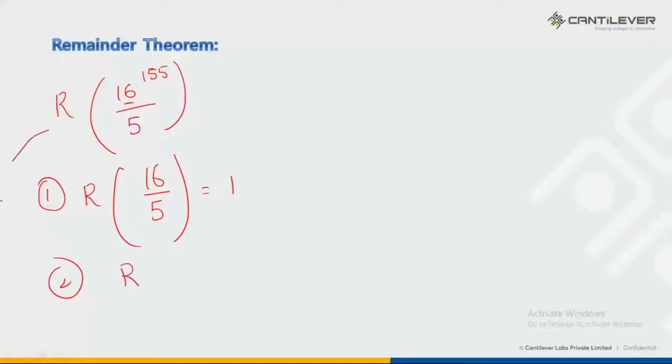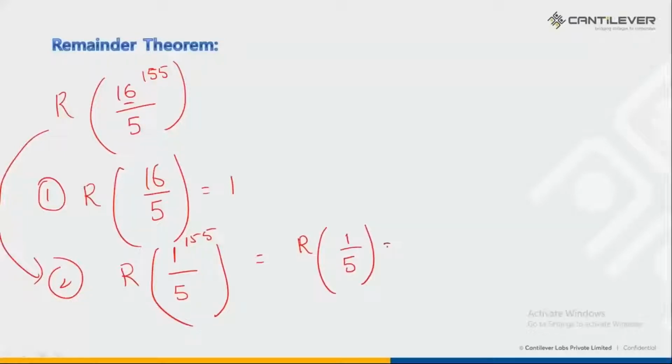So the question will turn out like the remainder when 1 to the power of 155 is divided by 5. So 1 to the power of anything, 1 is a positive number, a positive odd power will be positive. So the remainder when 1 is divided by 5 is 1. Simple question.